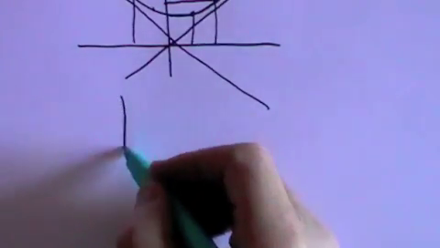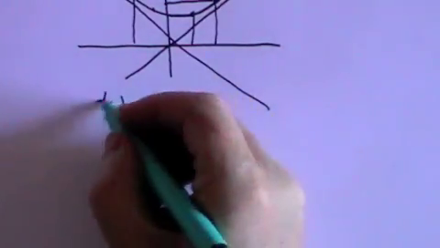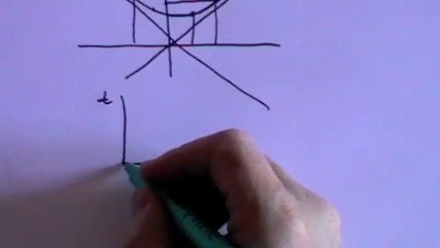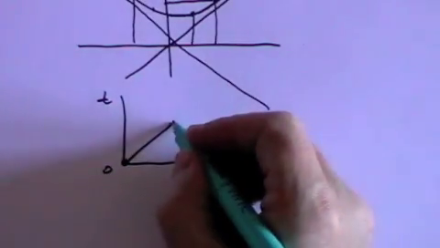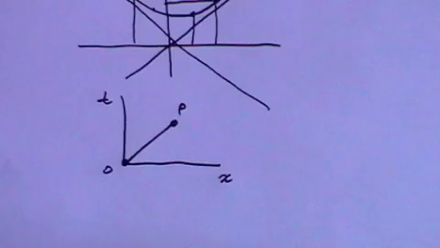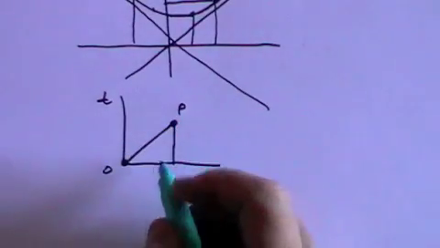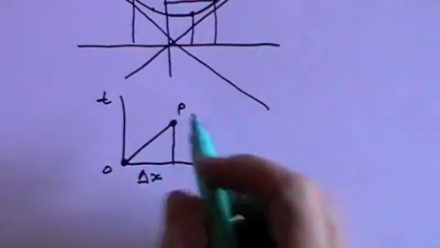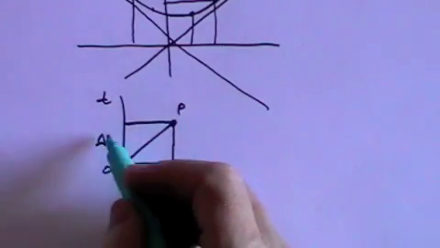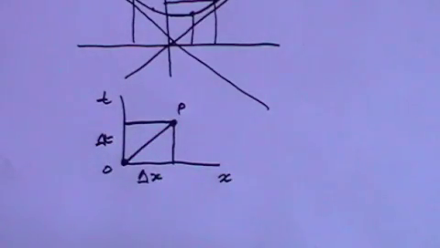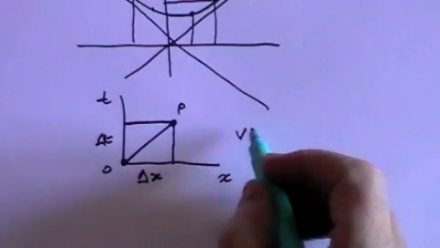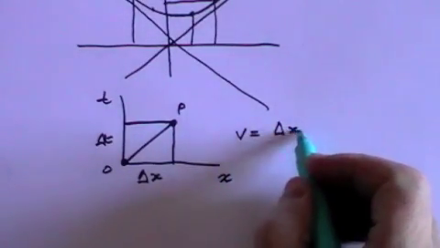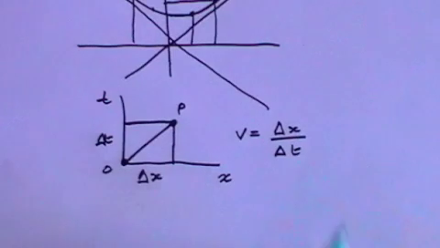Let's also just remember that if you travel through space-time, here's space, and you travel from point O to point P, you've actually travelled a distance delta x in a time delta t. And that means that your velocity v is simply the distance divided by the time.